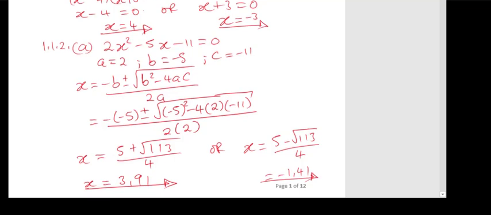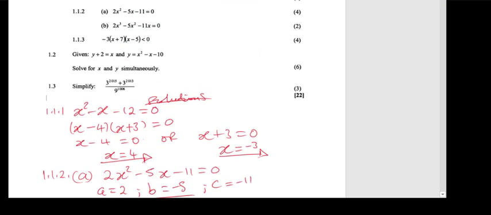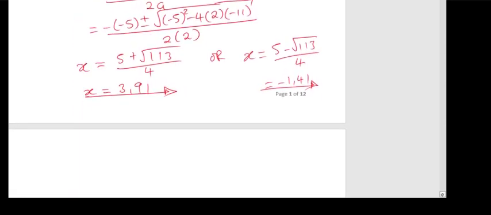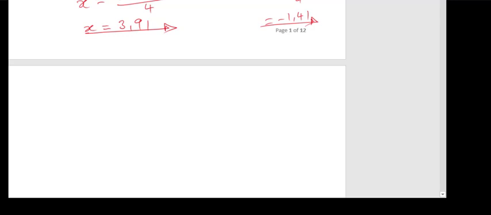Now the next equation, we have b. It's 2x cubed minus 5x squared minus 11x is equal to 0. We are required to solve for x.